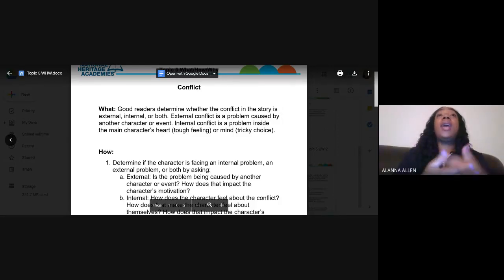Let's talk about an example. Say you're reading a story about, let's take The Watsons Go to Birmingham. An internal feeling that one of the main characters had, the younger son, was that he was a little bit nervous about Byron going down to be with his grandparents, right?